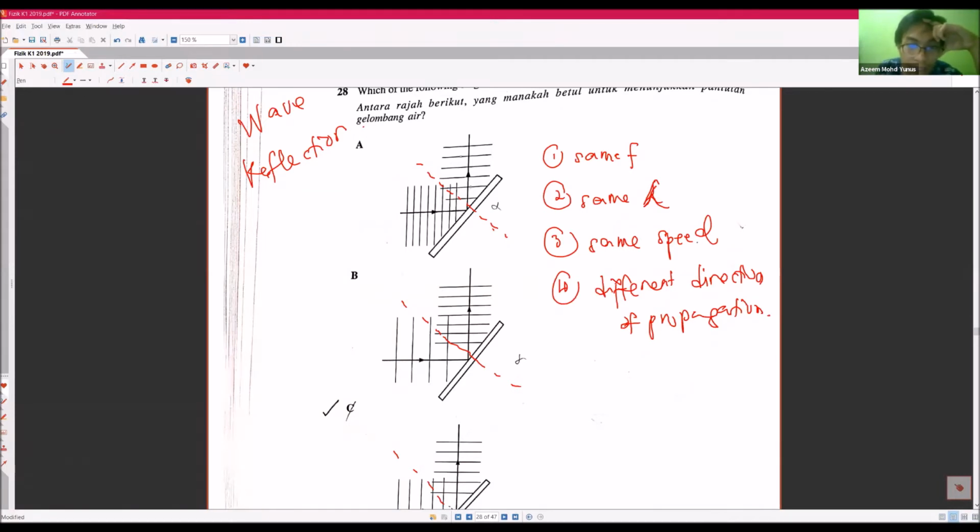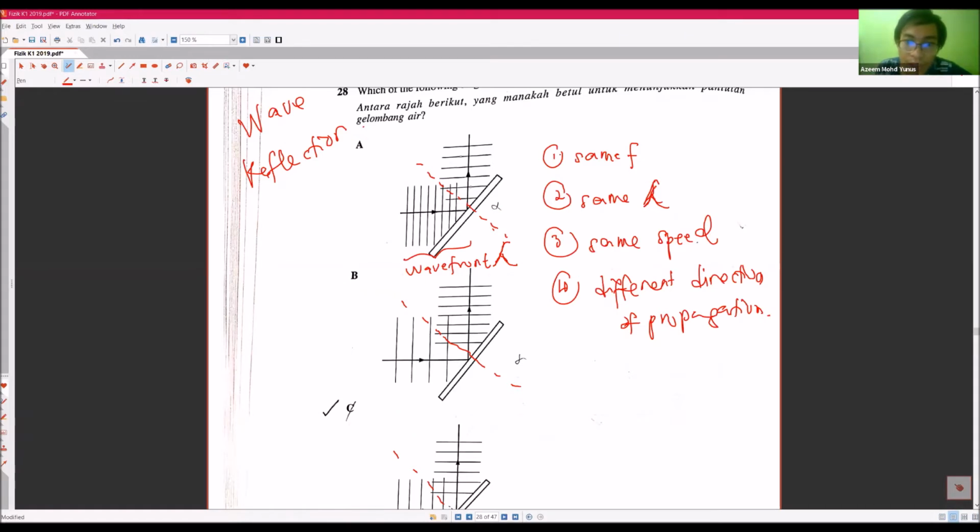So first we check if it has the same frequency. Basically we cannot know that, because it is hard to identify the frequency based on this diagram, because this is just a wavefront. The wavefront is to visualize the wavelength.